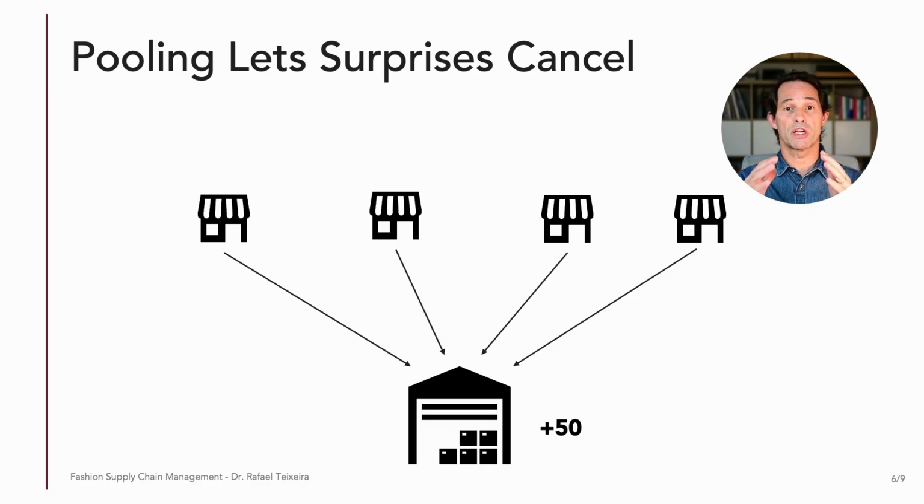That amount can be reduced significantly just based on these differences that occur throughout time. Of course, we can use math and supply chain theory to come up with the exact number, but I'm using here a hypothetical illustrative number of 50 units in a central inventory, just to show you that it is much less than what all the stores would carry individually.